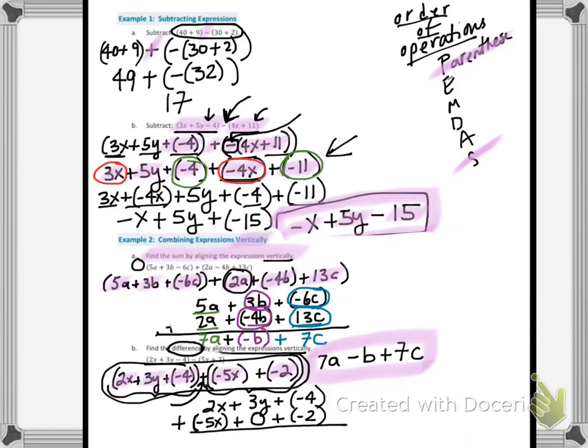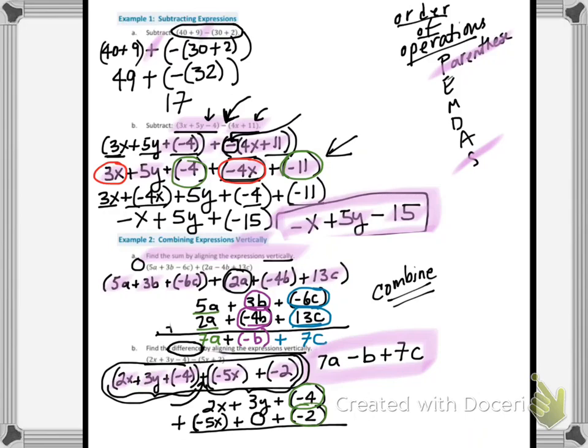So therefore, you're going to add. What you're actually doing is combining. A better word than find the difference or find the sum is just to combine. So right here, if we do this one at a time, we can start right to left.